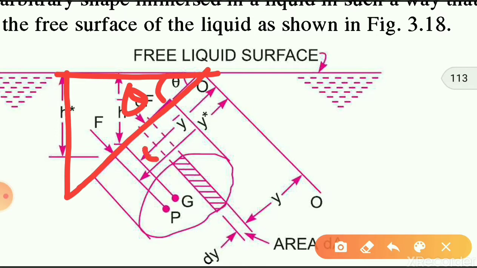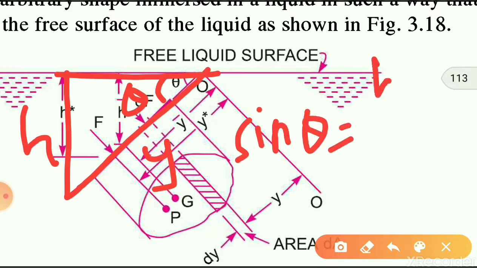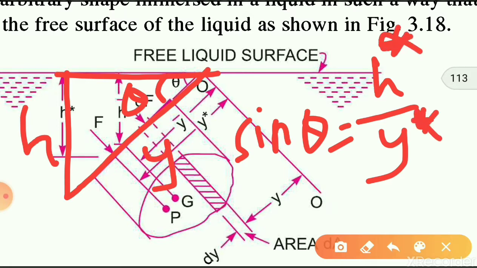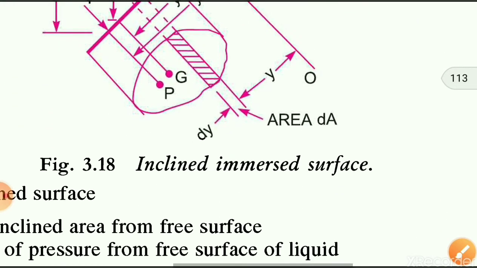So these distances are the y distances, these are the h distances. So what is sine theta? Sine theta is h divided by y. Similarly, sine theta for the distances from the center of gravity will be h bar divided by y bar, and for the center of pressure it will be s star and y star. So all these are equal to the value sine theta.